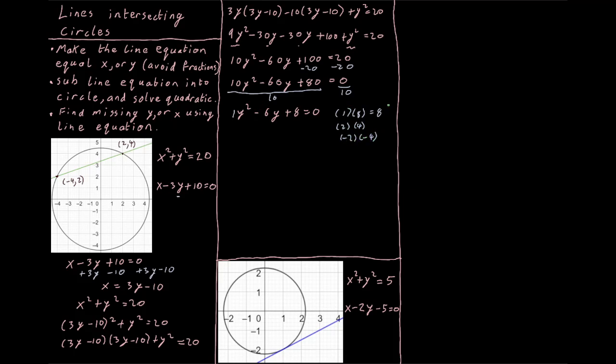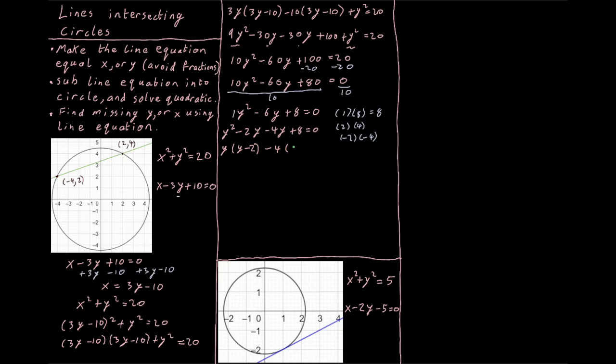That would multiply together to give my guide number of 8, and it would add together to give my minus 6 in front of my y. So that's how I'm going to break up my quadratic. y squared minus 2y minus 4y plus 8 is equal to 0. We can also use the minus b formula if we're stuck, but we can try doing our factorizing first. But the minus b formula will always work.